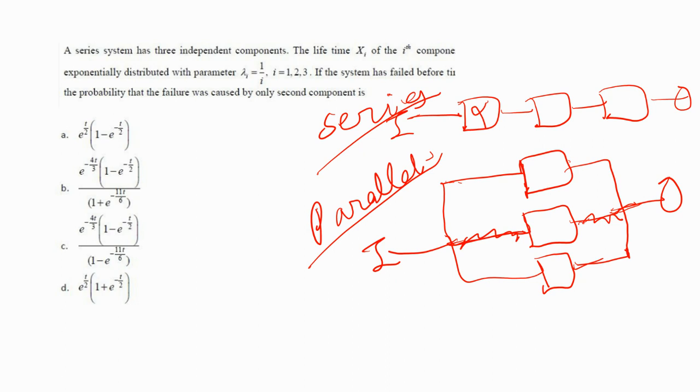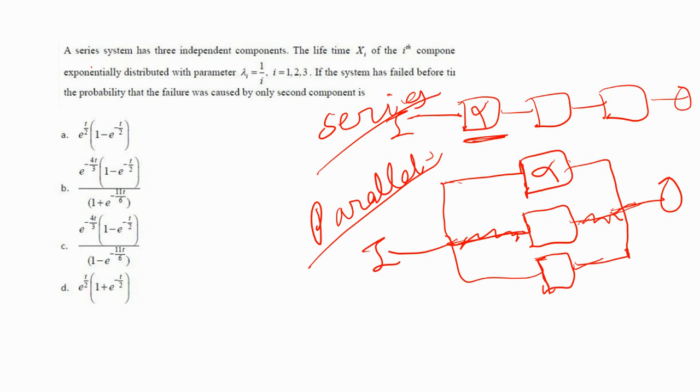If you have, let's say, five appliances in your home, all connected in parallel, and one fails, then the other four work very well. It does not affect the output of the whole system. In parallel, if this one fails, the input will go through the other and output will come. So whenever series is given, you need to take care that if one component fails, then the system fails.